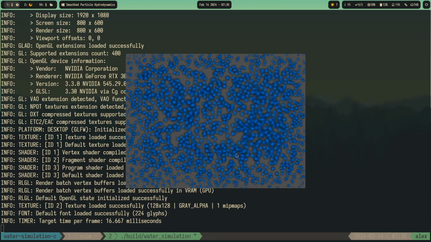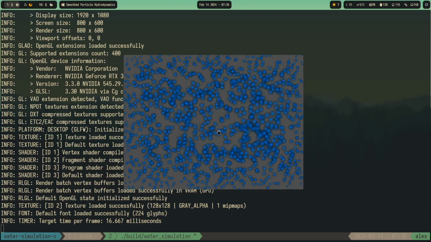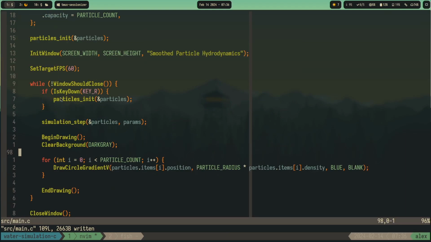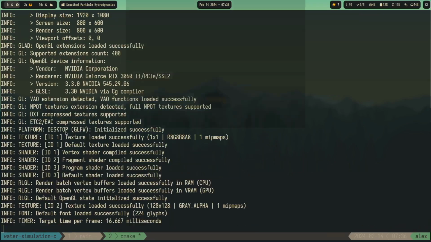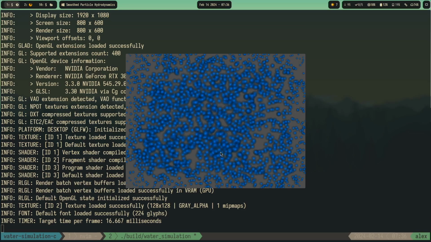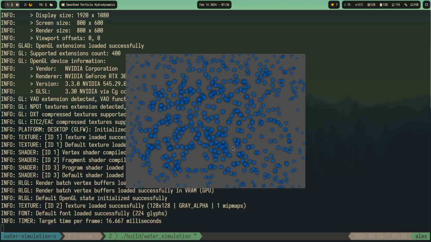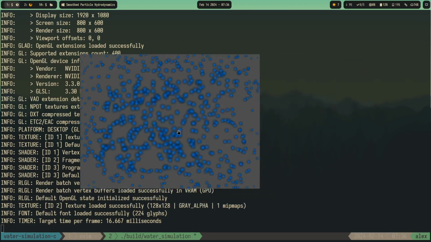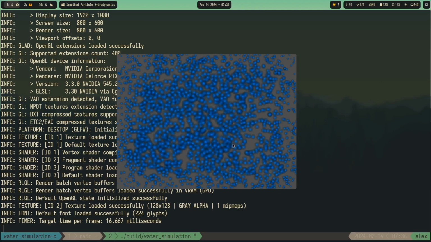And this looks better. I don't know why it's flickering. Maybe it's because it's recording at the same time. Couldn't be because of other stuff. So yeah, it looks like it makes sense, but it looks like some density. So yeah, strange.